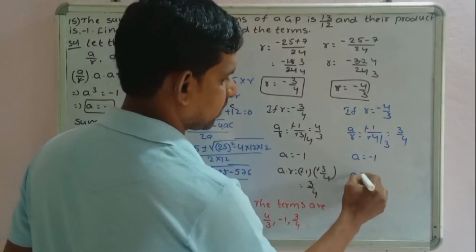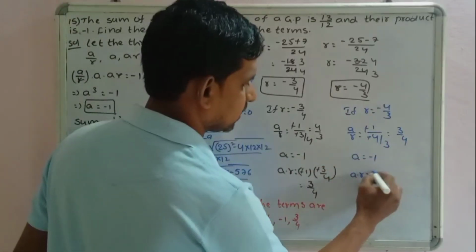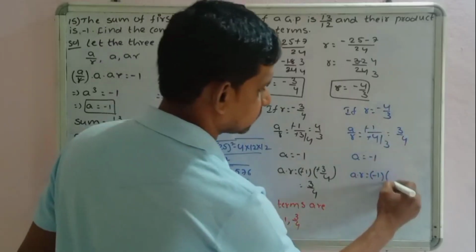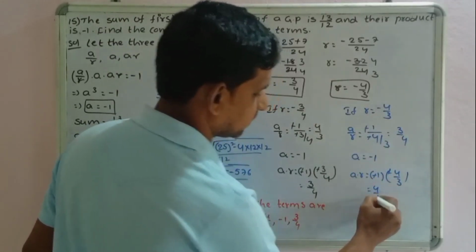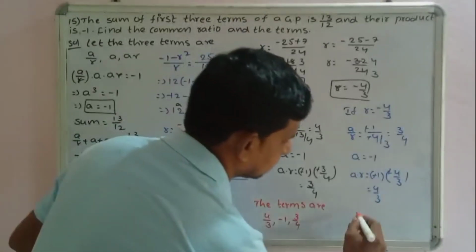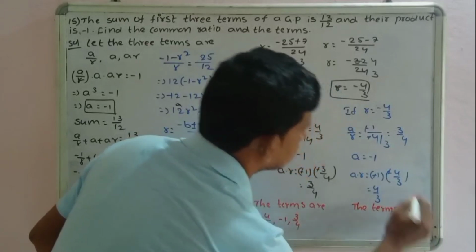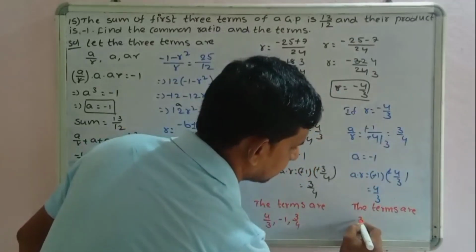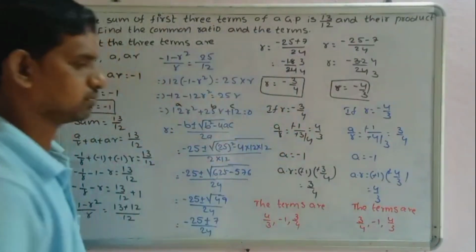So a times r is minus 1 into minus 4 by 3. Minus gets cancelled, 4 by 3. So in the second case the terms are 3 by 4, minus 1, 4 by 3.